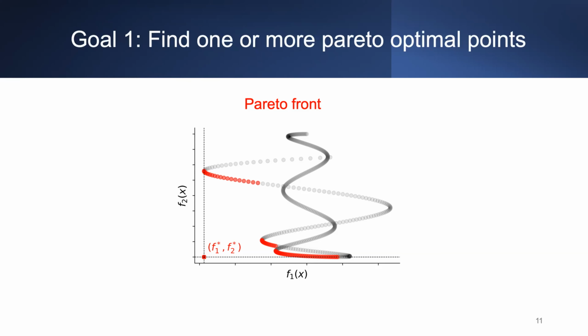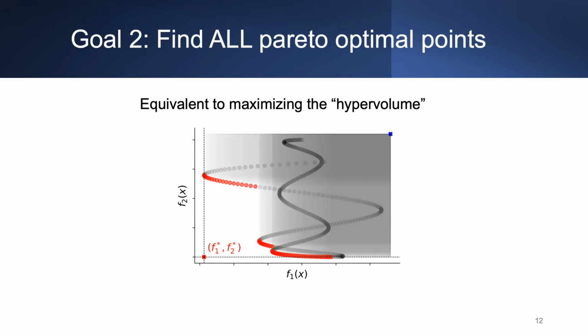So one goal of multi-objective optimization, since there are multiple goals, is to find one or more optimal points on this red front, also called the Pareto optimal or the Pareto efficient points. Another goal can be, for example, to find all possible, or as many as you can, Pareto optimal points, with the goal of maximizing the area that is covered by this region with respect to some point.